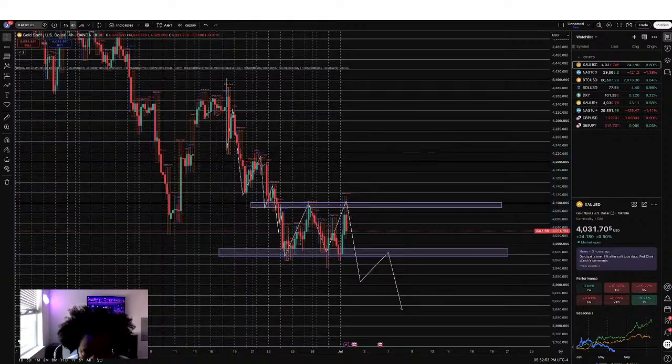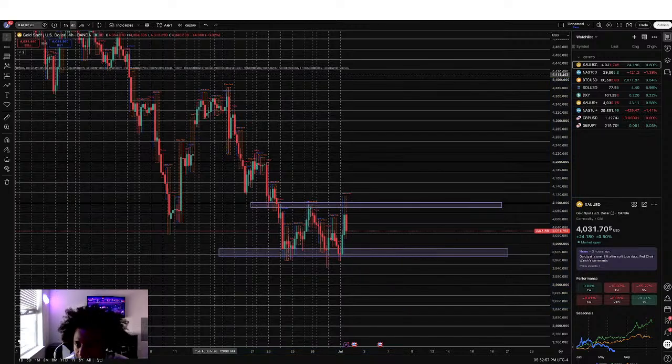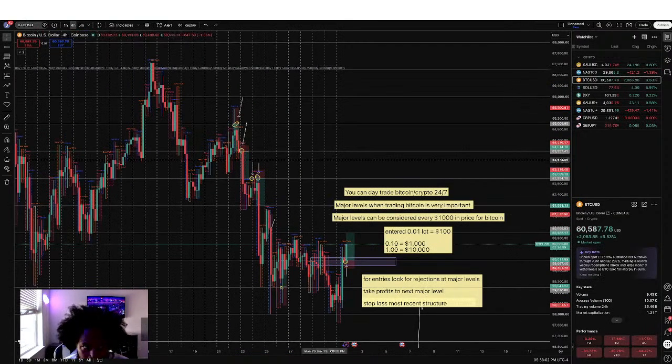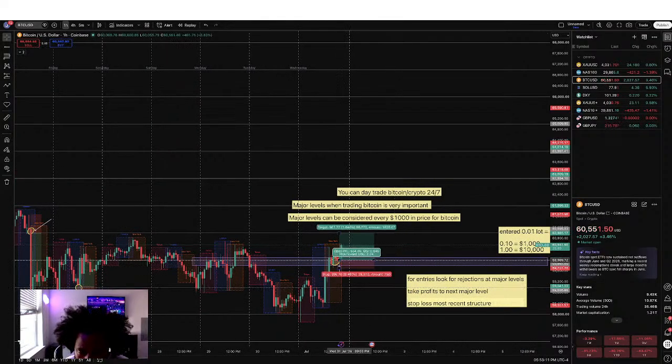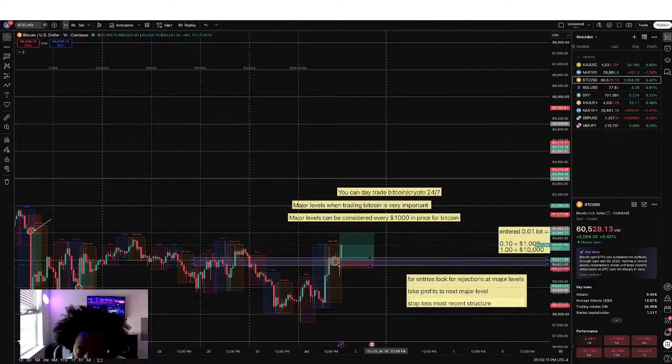So for gold, this is what we're looking for right now. You can see it's kind of consolidating in this area. For Bitcoin, I just showed this. You can see it's pumping right now. It rejected off of this area right here, broke, came back, retested.